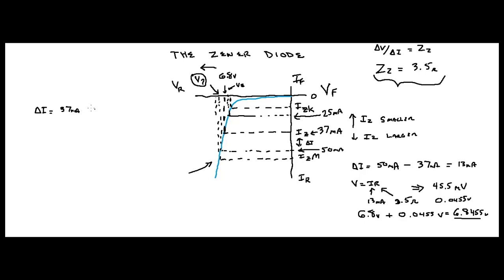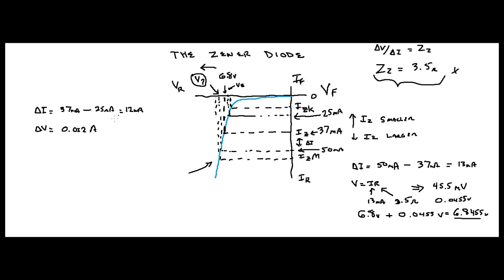Because that's your IZ, minus your 25 milliamps. That's going to equal 12 milliamps. Got it? So you know your change in I. You also know this voltage right here is 3.5. So your delta V is going to equal I, which is 0.012 amps.